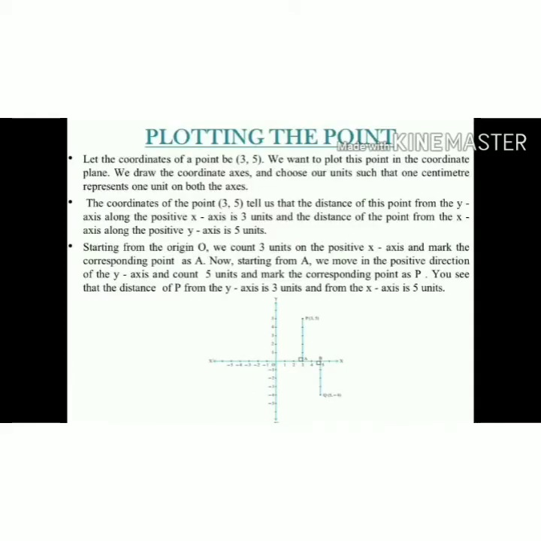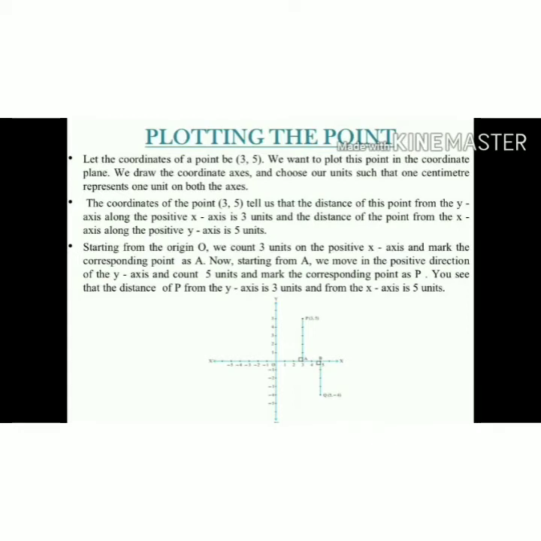The coordinates of the point (3, 5) tell us that the distance of this point from the y-axis along the positive x-axis is 3 units, and the distance of the point from the x-axis along the positive y-axis is 5 units.